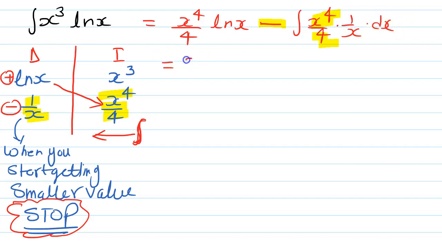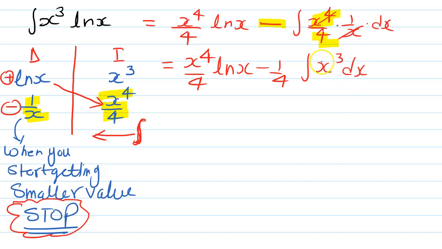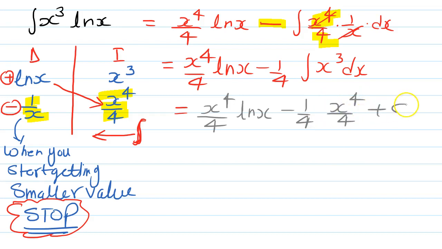So this will be x to the power 4 over 4 ln x, the x cancels, 1 over 4 is outside, so integration of x cubed dx. Yeah, so if you integrate it, it will be x to the power 4 over 4 ln x minus 1 over 4, and the integration of x cubed will be x to the power 4 over 4, plus constant. Yeah, so this is your answer.